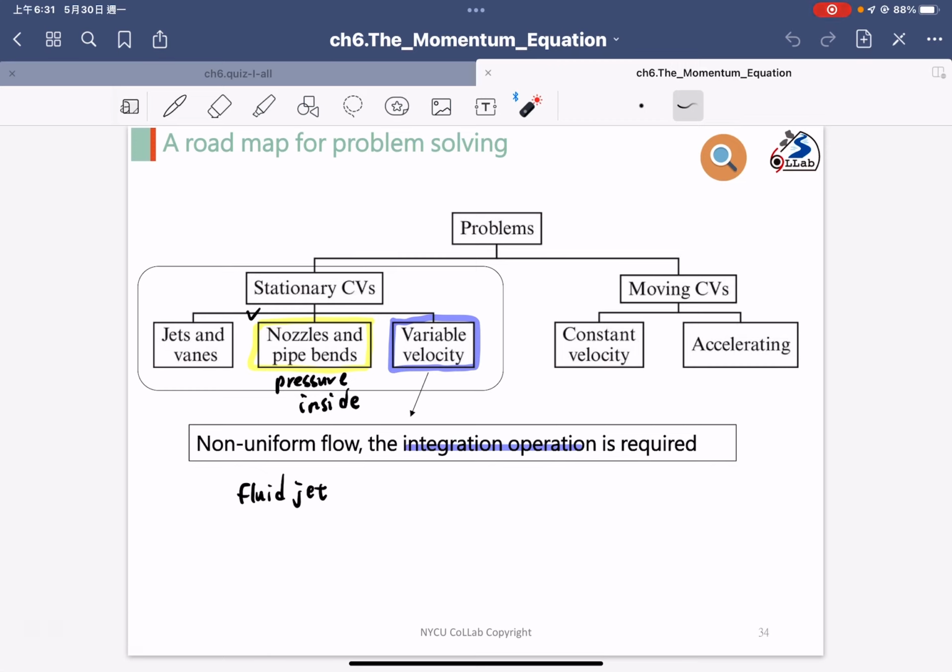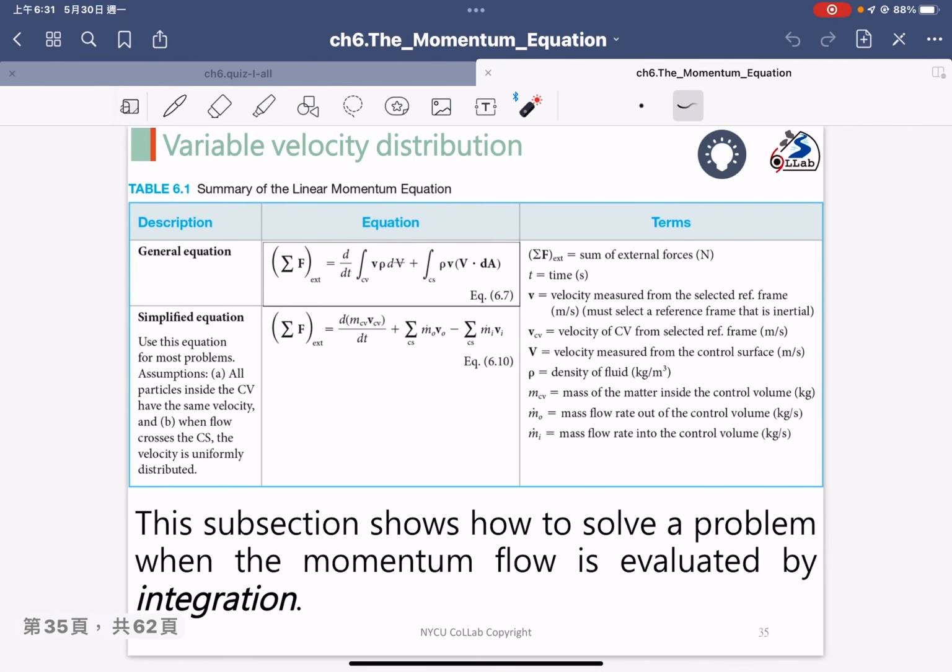As I mentioned and summarized in this slide, the final exercise is associated with stationary control volumes with a non-uniform velocity profile. Because it is a flow under non-uniform conditions, we need to apply integration operators. Again, looking at the table, we summarize how to deal with the momentum equation with the integration operators.